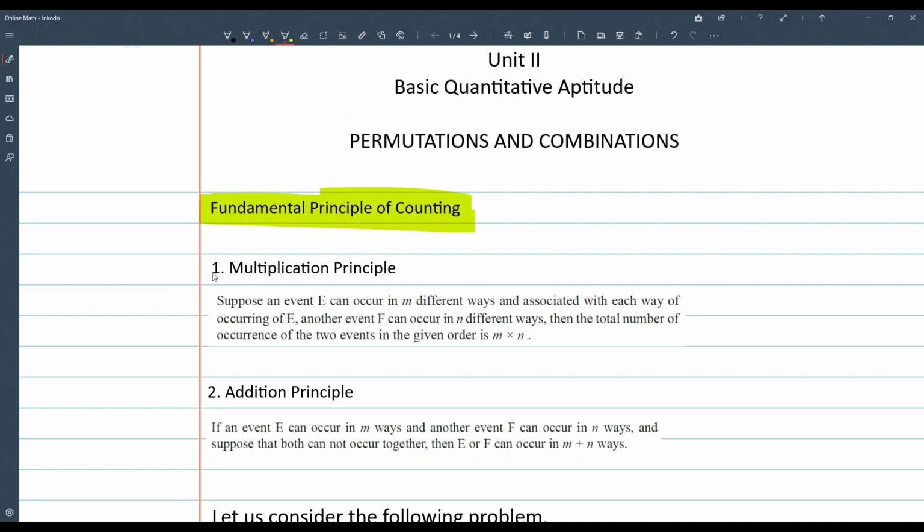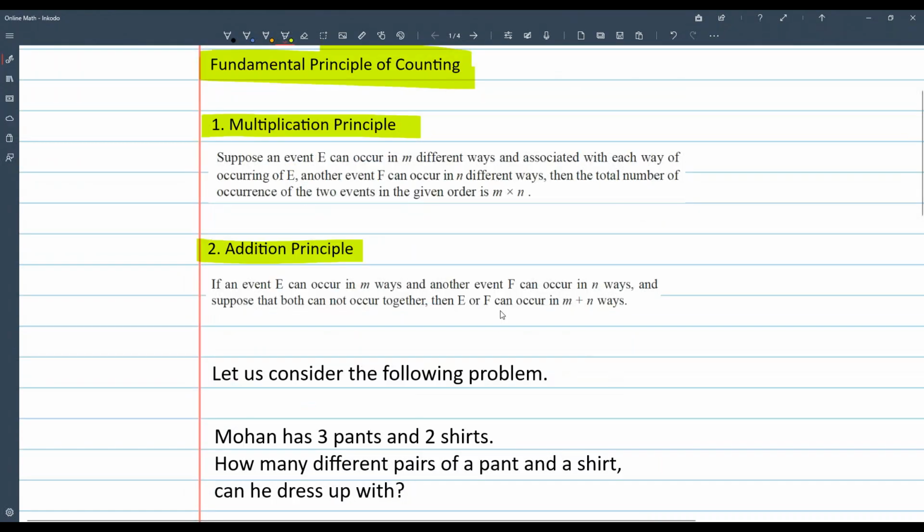See, there are two rules, two principles. One is the multiplication principle and another is the addition principle. What is the multiplication principle of counting? What does it say? I'm reading the definition.